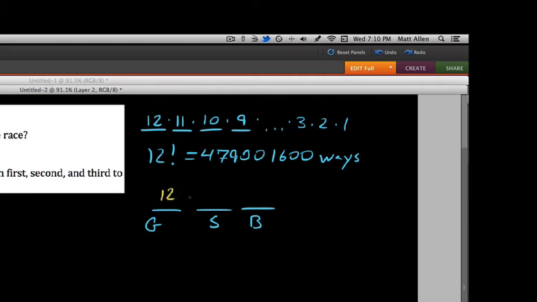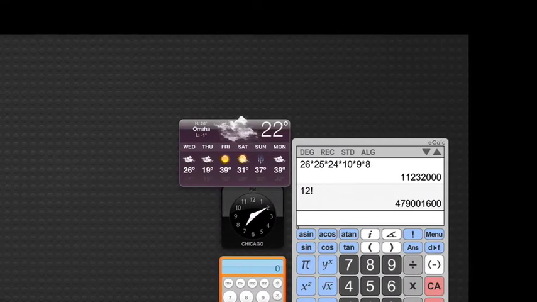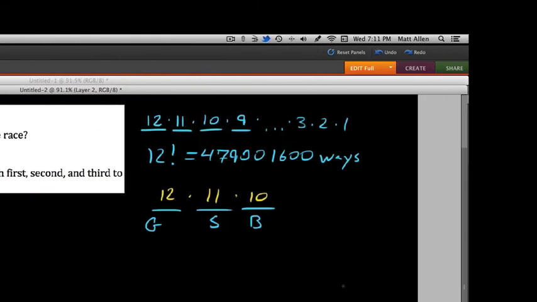There were 12 runners that could have finished in first place, but now only 11 that could have finished in second place, and then 10 that could have finished in third. So now we get 12 times 11 times 10, which is significantly less than last time. 12 times 11 times 10, we get 1320. So there are 1,320 different ways that from 12 runners, you could finish first, second, and third.